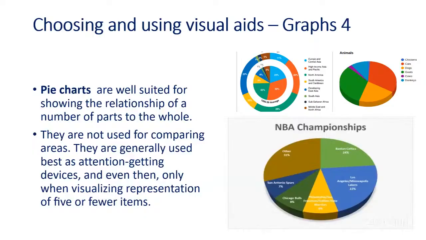Okay, so the training is that for pie charts, you shouldn't use them when you have more than 5 items, because you may not be able to really appreciate them. Some may say 6, fine, but if you look at these examples here, this one has 1, 2, 3, 4, 5, 6, 7.